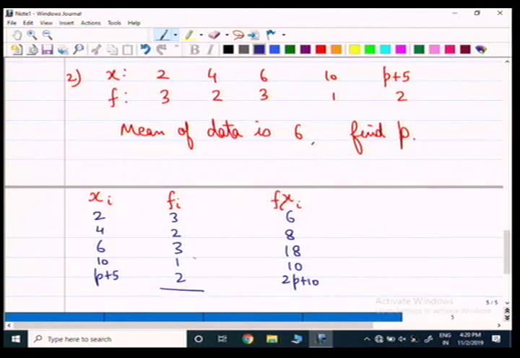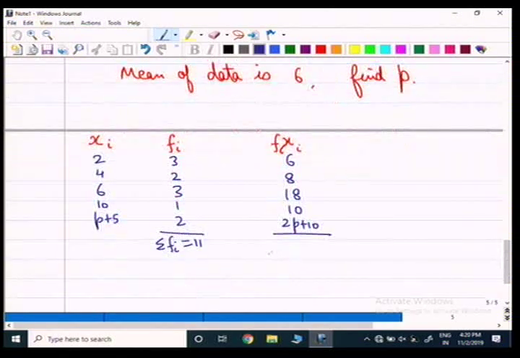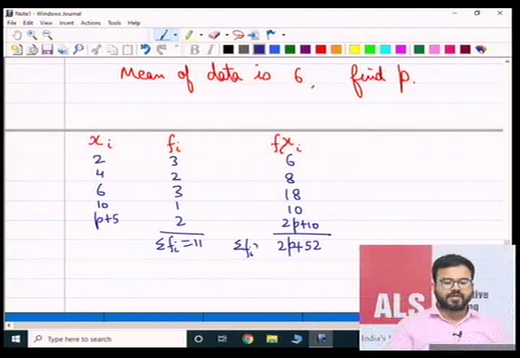If we add all the frequencies, it is 6, 7, 8, 9, 10, 11. So sigma f_i is nothing but 11. If we add these, that is 10 and 10, 20, 30, 36 and 16, 40, 52. So 2p plus 52. That is your sigma f_i x_i.